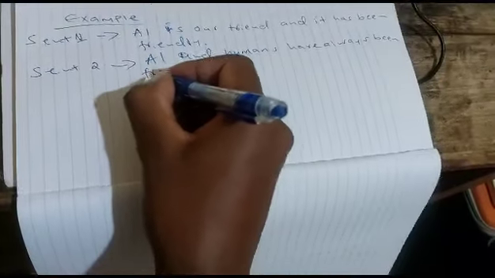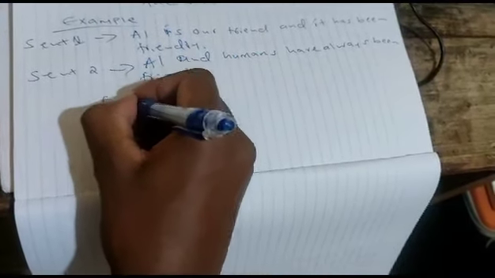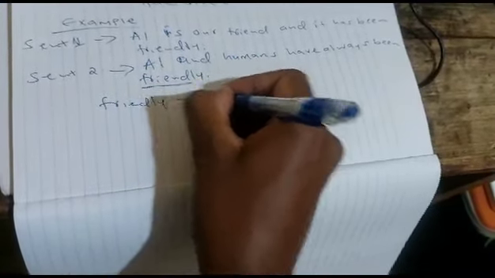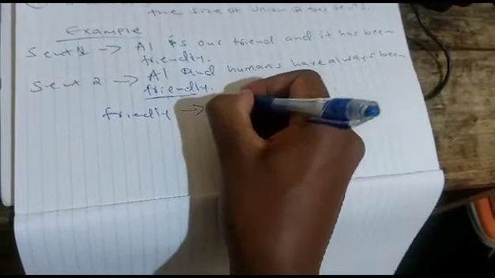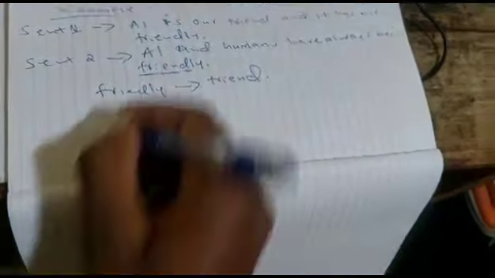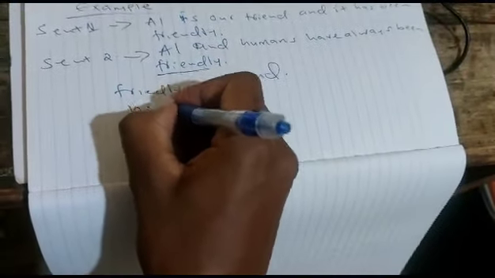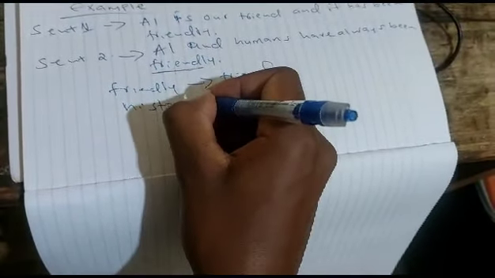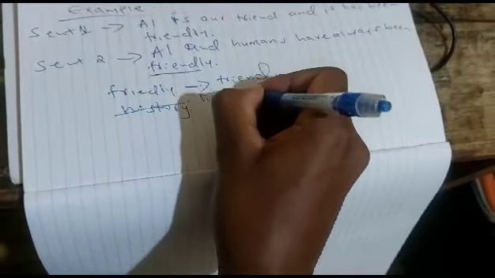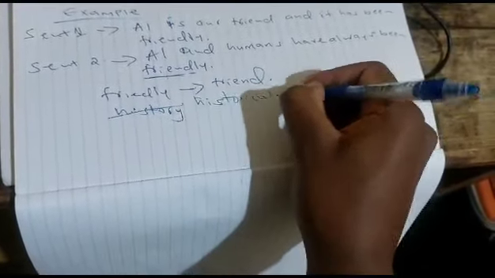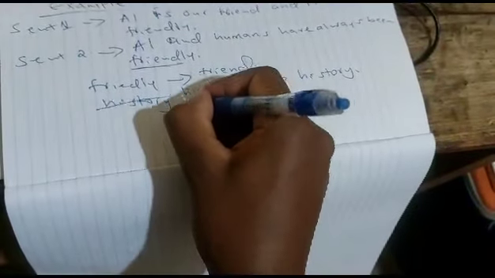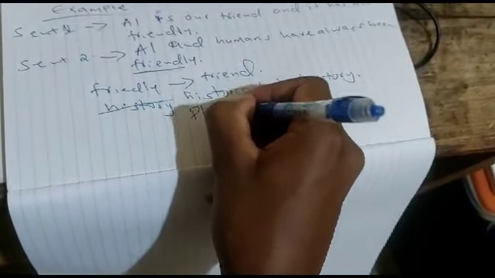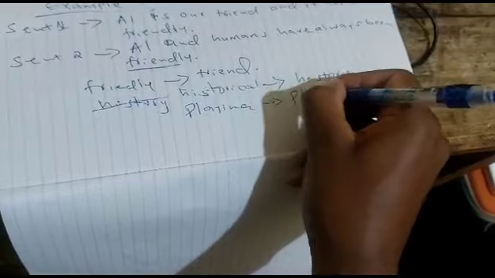For example, friendly will be reduced to friend, historical to history, and playing to play.